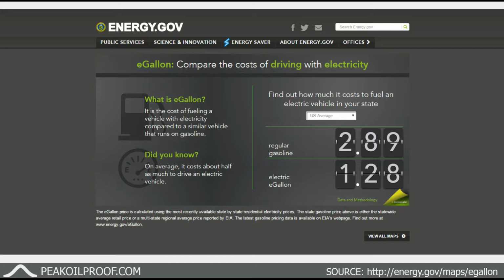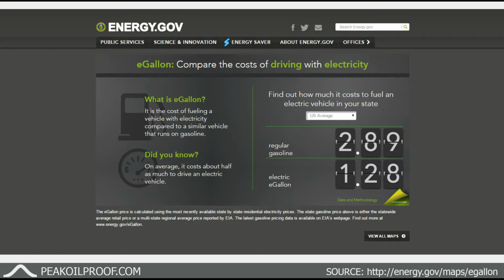The total cost of ownership is about 60 cents a mile for the average car in the U.S., and that's including the price of gasoline. People don't really think about driving on a per mile basis. They think about it on a per gallon basis because the gallon cost is what they see up in big numbers at their neighborhood gas station.